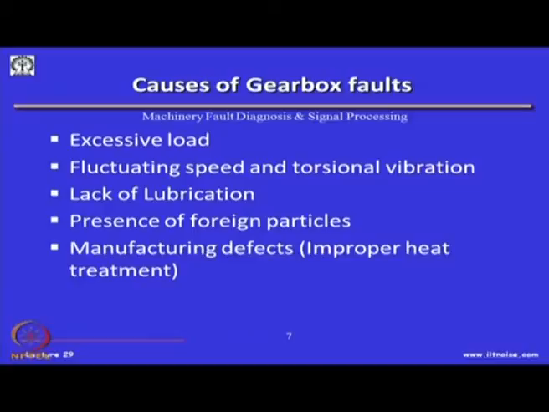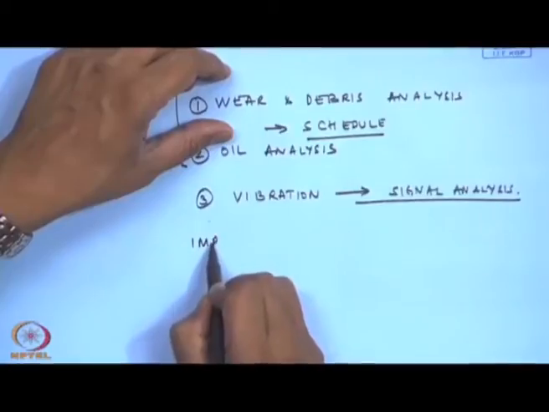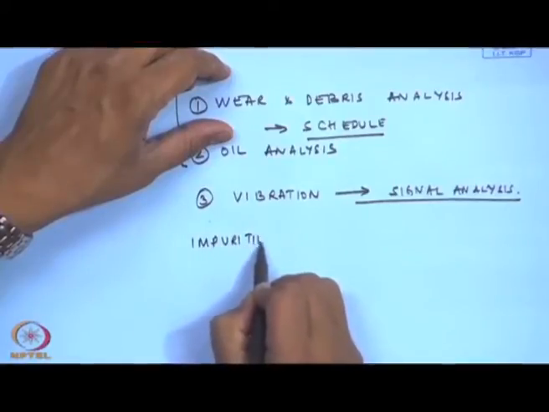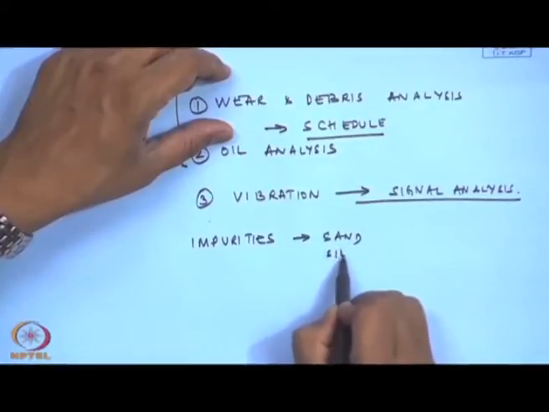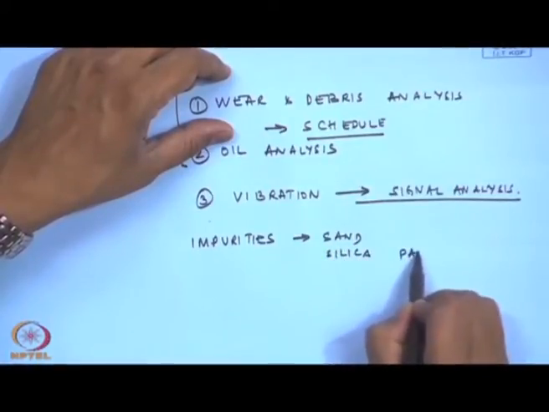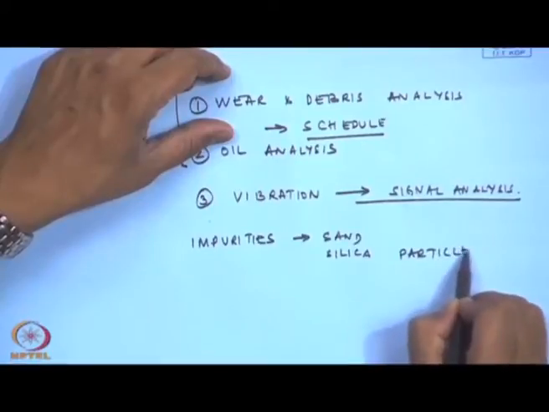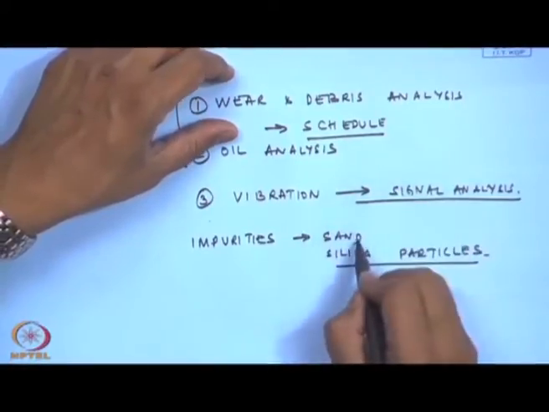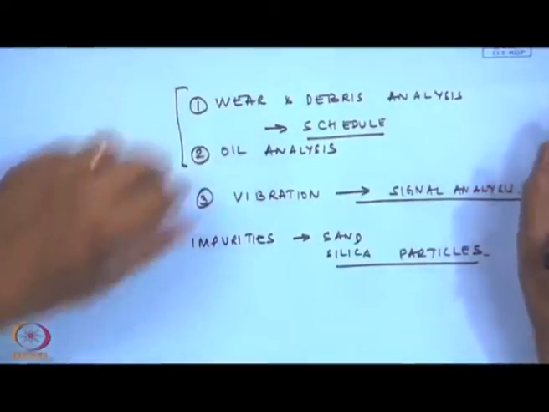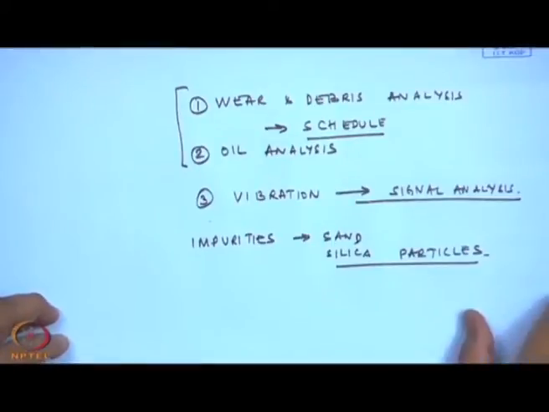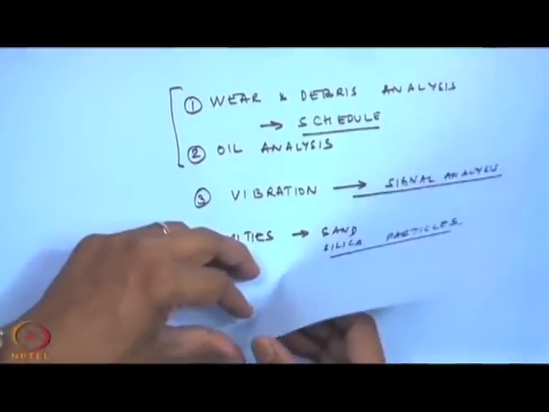Many times in gearboxes, I myself have seen a lot of impurities, particularly impurities like sand or silica particles, which will be very detrimental for such a system. And how do we detect that?